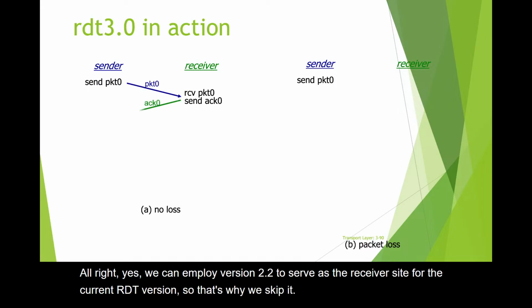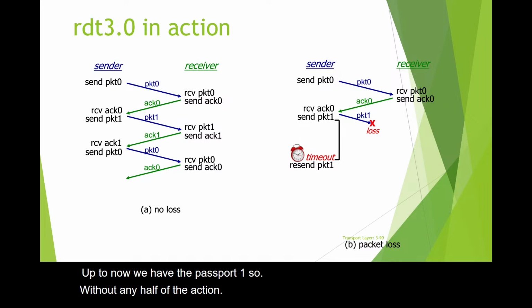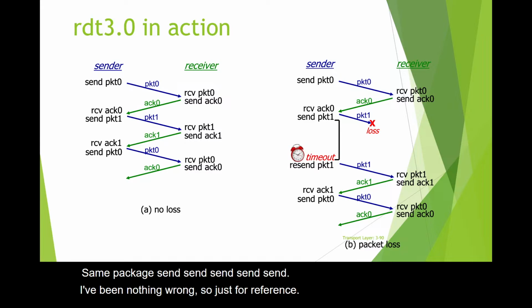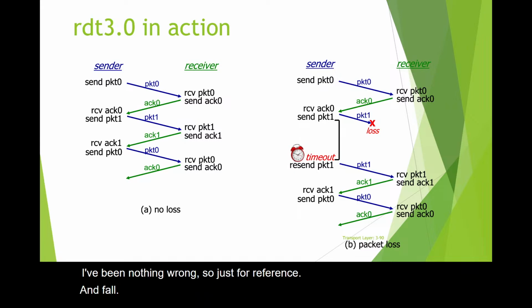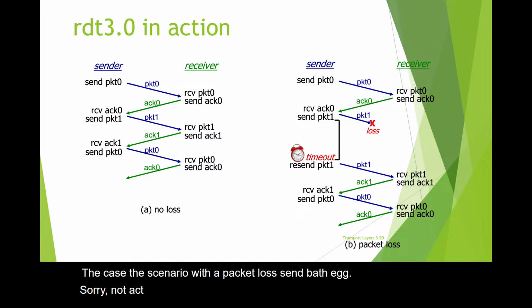Well, up to now, we already have the action. So all of you check: if no losses, packet 0, send packet, send. I think nothing is wrong, so just for reference. And for the scenario with a packet loss, the second one is send packet 1 but lost.